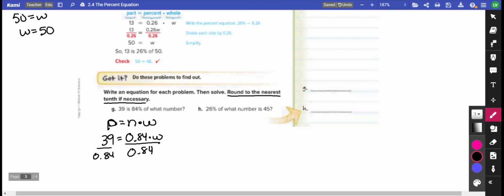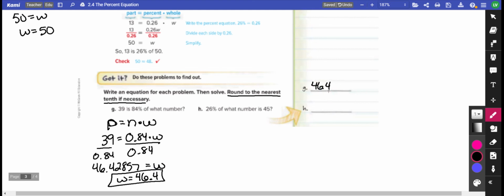So 39 divided by 0.84 gives me 46.42857, and there's more numbers after that. So I need to round my whole to the nearest tenth. So that means one decimal place to the right. So that's 46.4. So that's my answer for letter G.